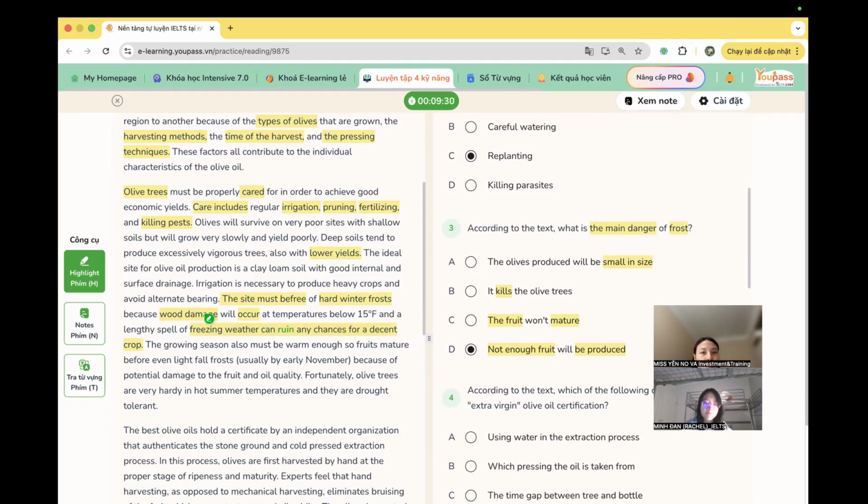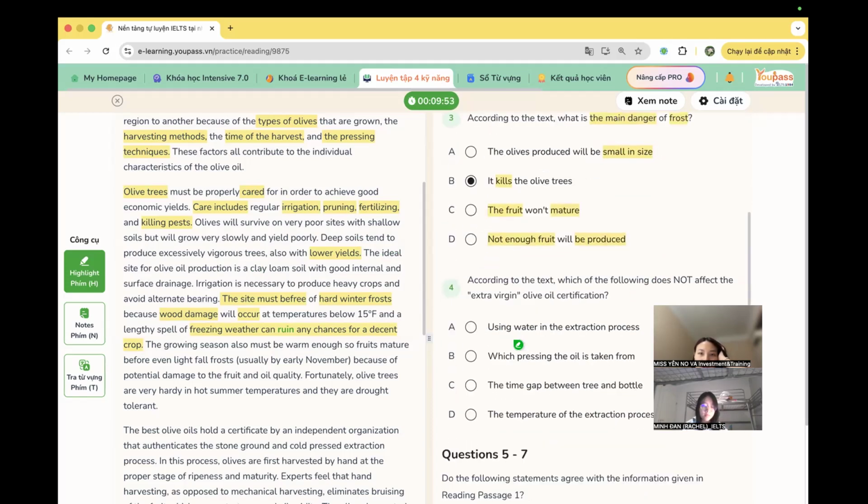Okay. It will be damaged. And which one means damage here? Like it kills the olive trees? That's correct. Because if they talk about small size, it's about the soil, not about the fruit.